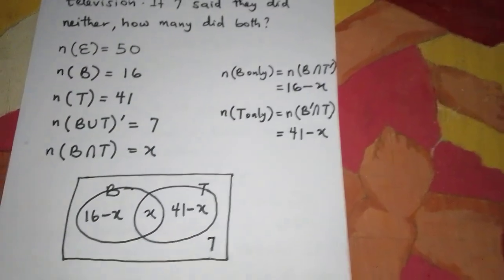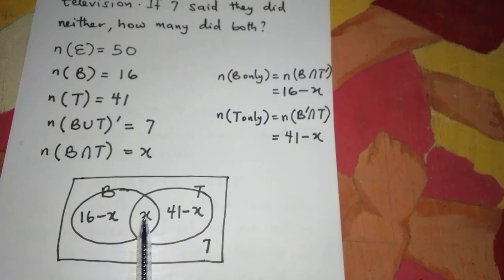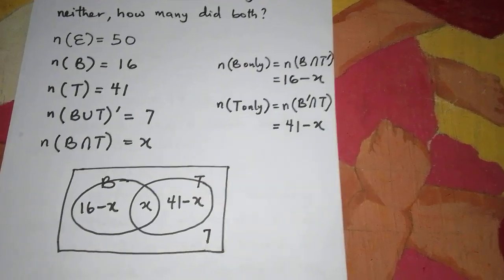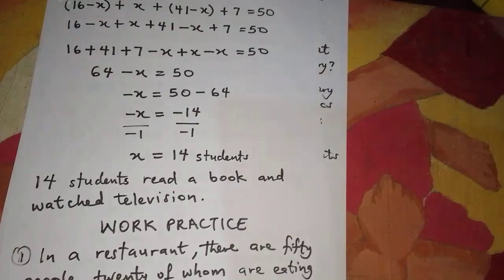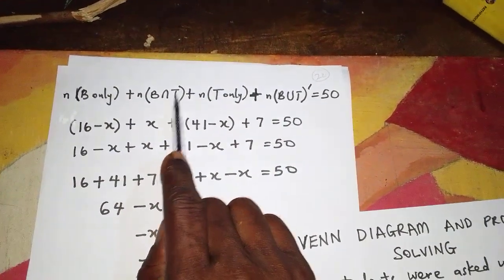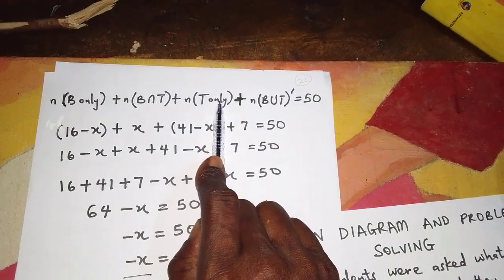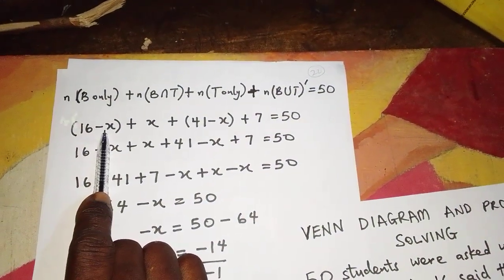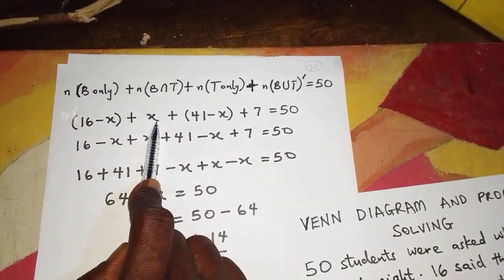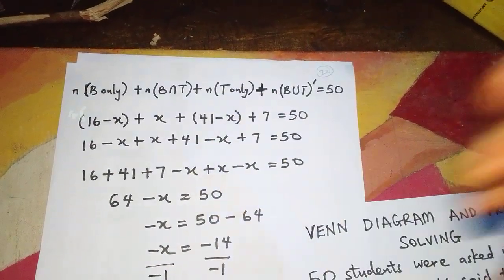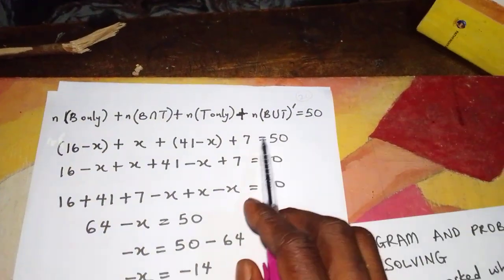So that means you now have what? Those that read their book only, 16 minus X, plus those that watch television and read their book, X, plus those that only watch television, 41 minus X, plus those that didn't do any of it, 7, should add up to 50.